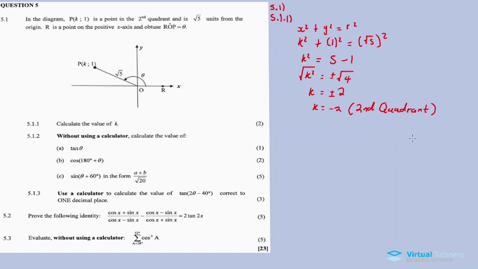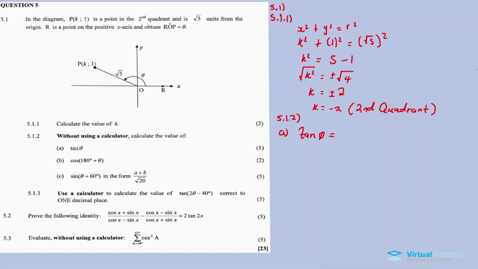Now we go to 5.1.2. Using trigonometric ratios, but without using a calculator, calculate the value of tan theta, cos of 180 degrees plus theta, and sine of theta plus 60 degrees in that form. So 5.1.2, A: tan theta is equal to, without using a calculator. So you need to use your sketch again.